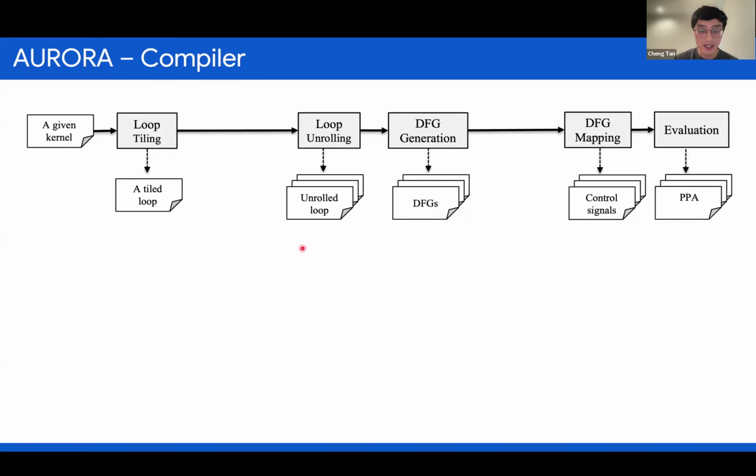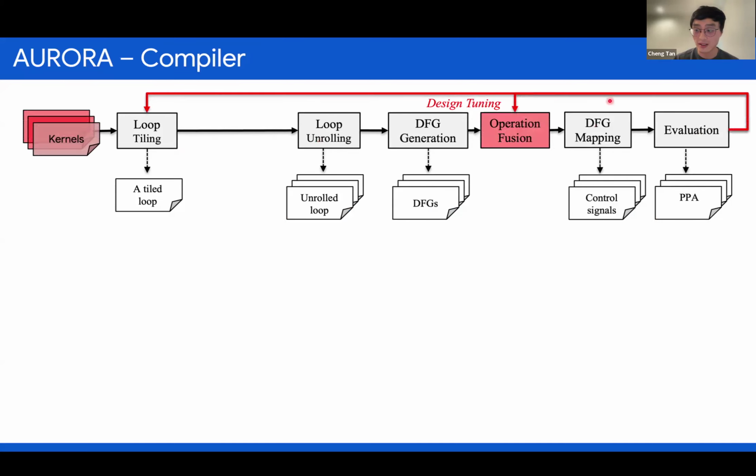And so its compiler is still like the conventional one, but we add a backward loop here to, based on the evaluation results statistics, perform the loop tiling and the operation fusion again and again until your design converges, like until your target is met.